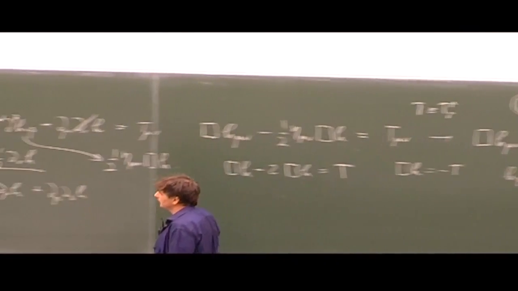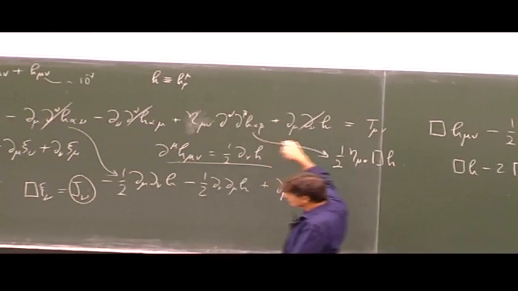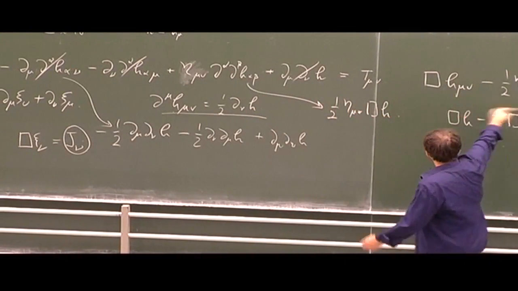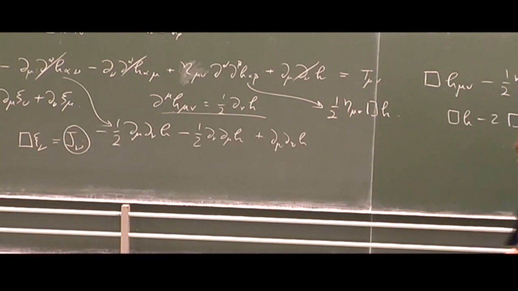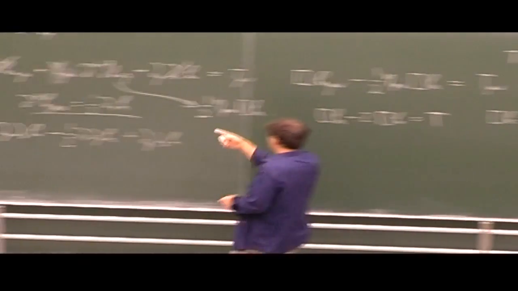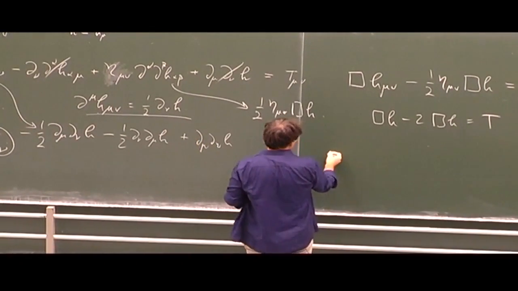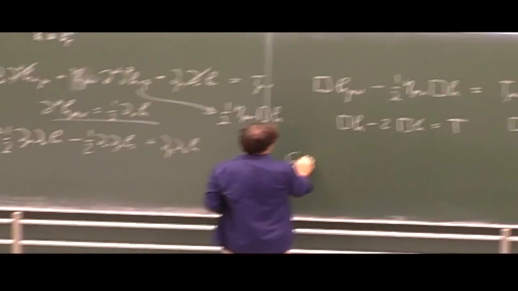Indeed, if I do this story and I find a propagator of the source, of the gravitational field. So a generic propagator, I will not repeat the story, will have the form, right?